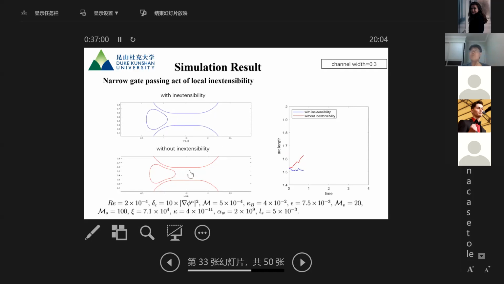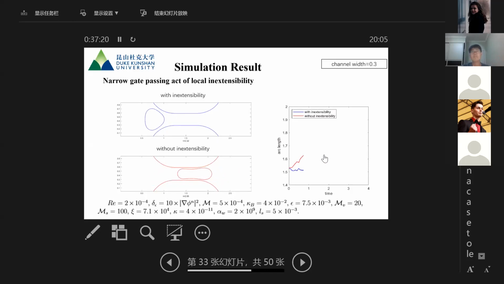But if I remove this constraint and allow the cell to have a large deformation locally, that means my membrane can stretch much more locally. Then what happened? Okay, in this way, if I allow heavy local deformation, the cell can pass through the channel.